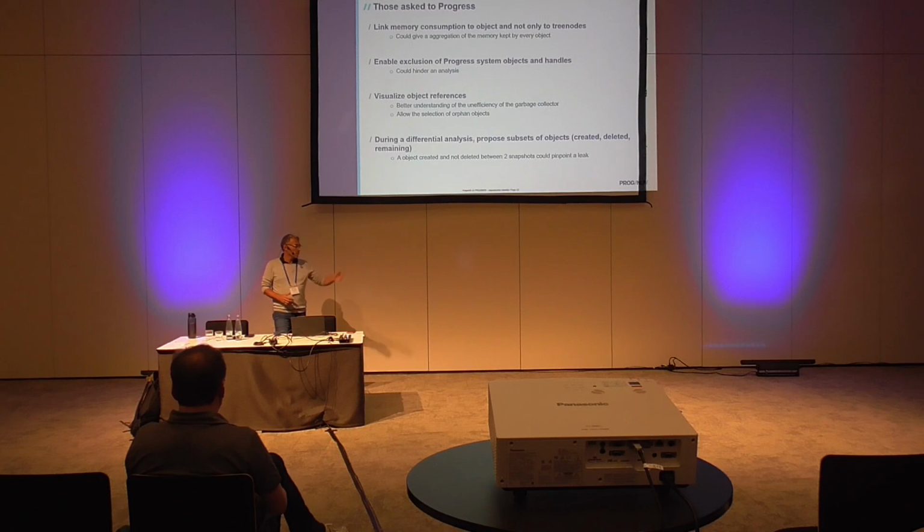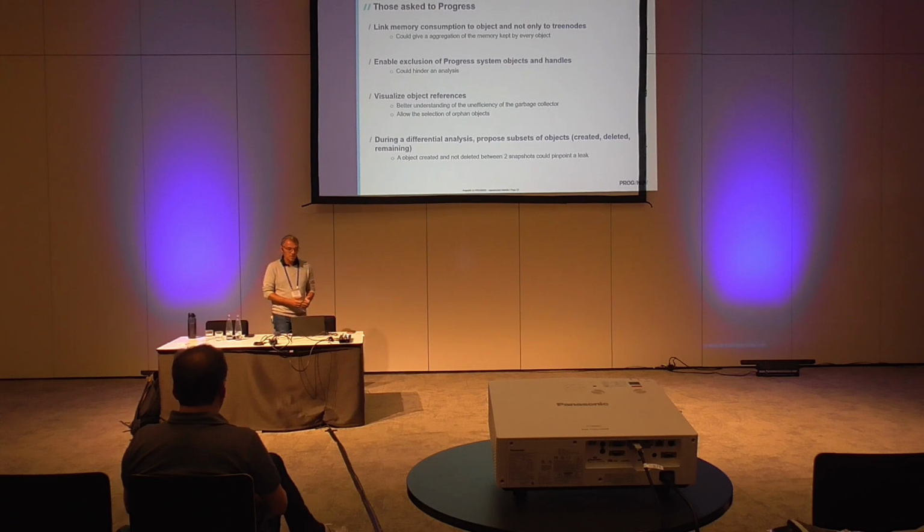Because when a development team does really unitary tests, it could be 20 or 30% of the objects in memory which are Progress objects. And young developers don't know what these objects are, and they are looking for these objects, trying to delete them, and no, you do not have to do this.